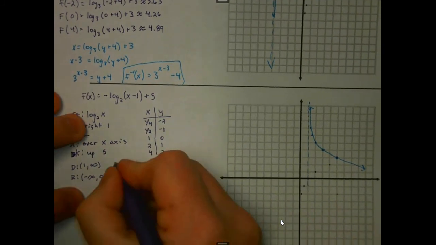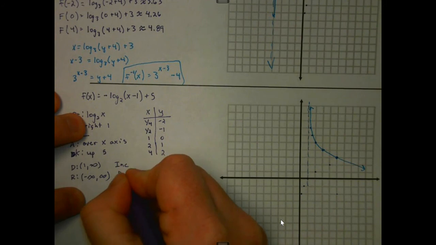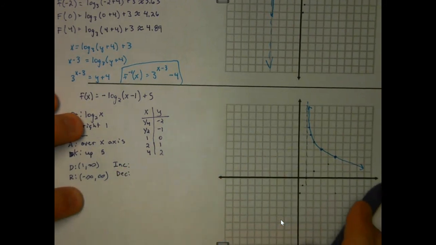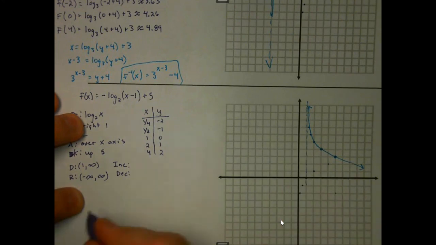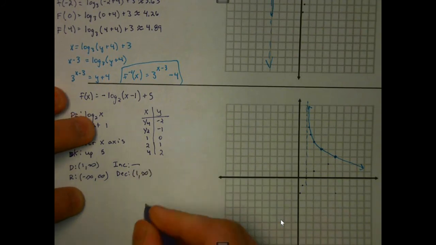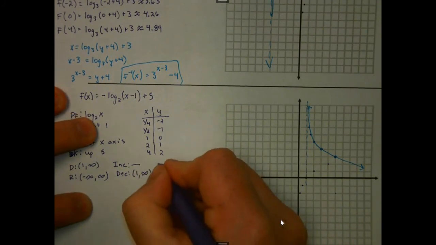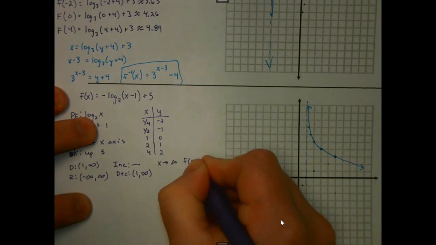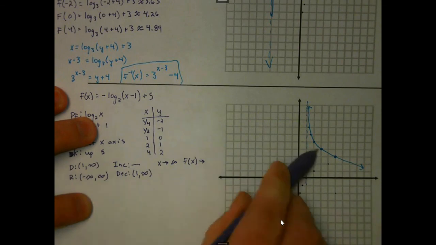For increasing, decreasing, this thing is going down over time and always has a negative slope. So it is never increasing, but it is decreasing from 1 to infinity. Your end behavior, as x goes to infinity, your f of x, or your y value, is going down.